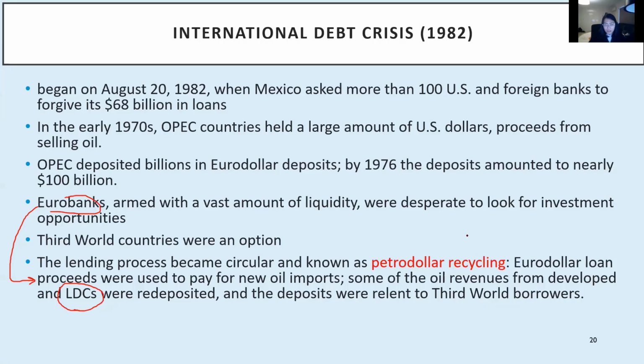Okay, so the money started from the OPEC countries who sold oil to get that money, and then they gave it to the banks, the Euro banks. These banks then lent to the third world countries, who in turn used the money to buy oil from the OPEC countries again. Okay, so as the OPEC countries started to have more money payment, the cycle began again.